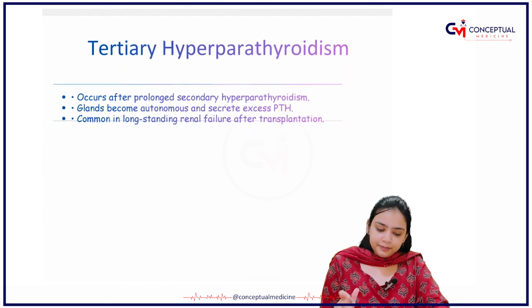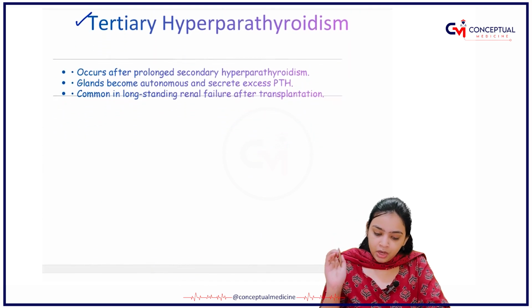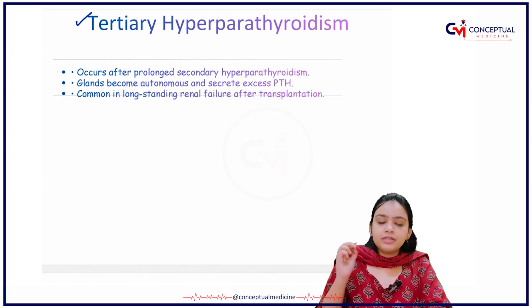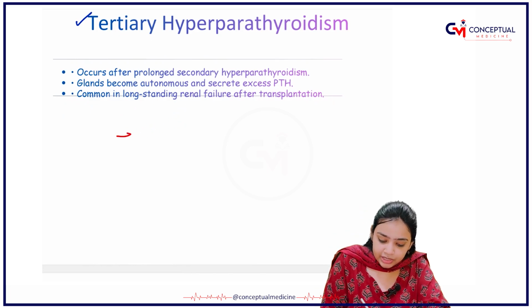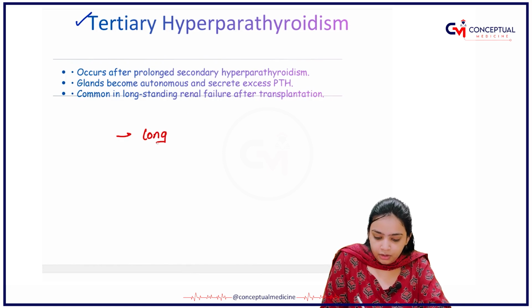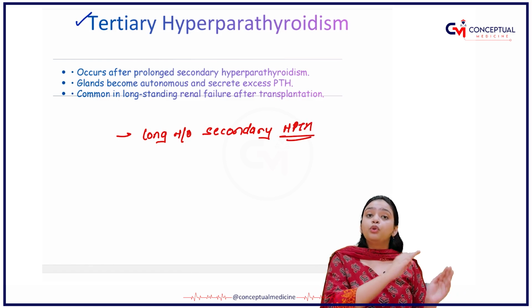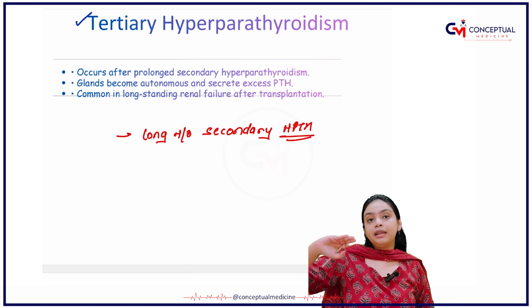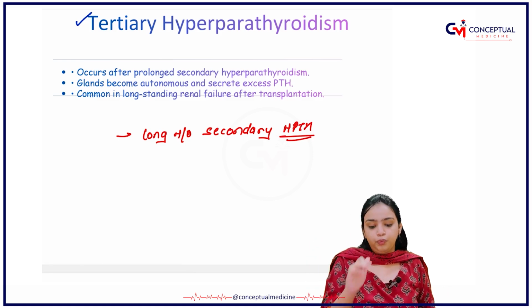Now, guys, you need to know about tertiary hyperparathyroidism. Tertiary obviously will occur after secondary. If there is a long history of secondary hyperparathyroidism, there are chances that the person will develop tertiary also.